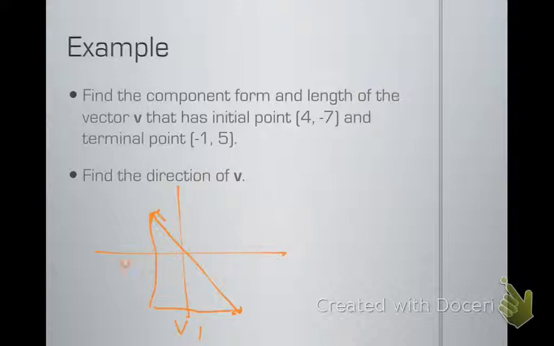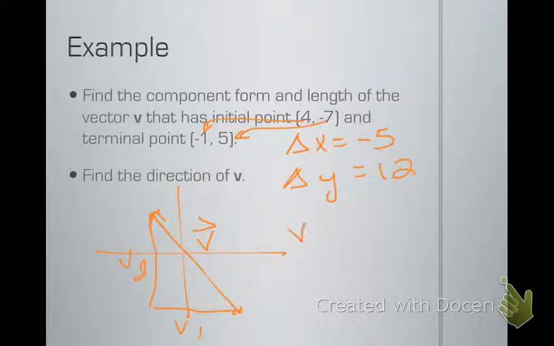Here's my v sub 1, here's my v sub 2, my x component and my y component. My delta x, in other words, is going from 4 to negative 1. We're going down 5. My delta y, we're going from negative 7 to positive 5. That's an increase of 12. So the component form of vector v here is equal to negative 5 comma 12.